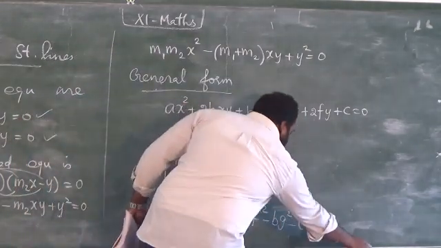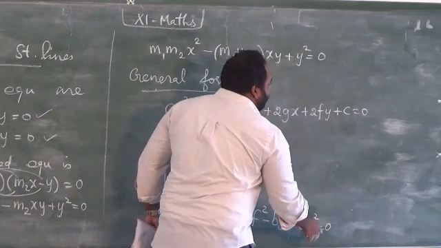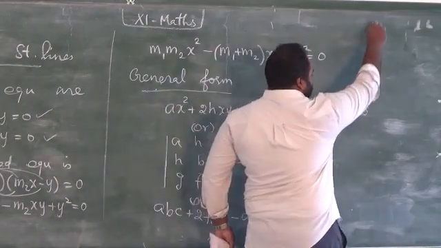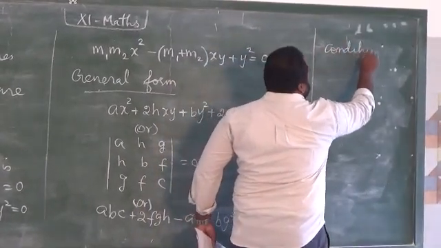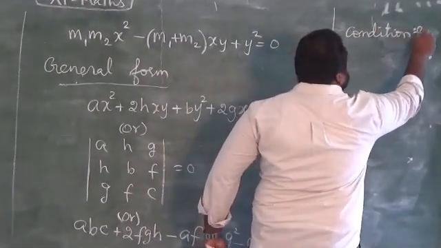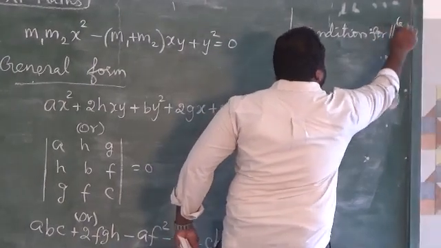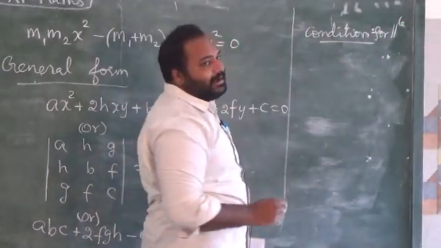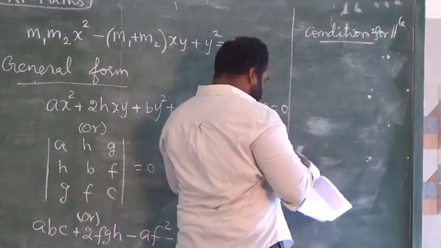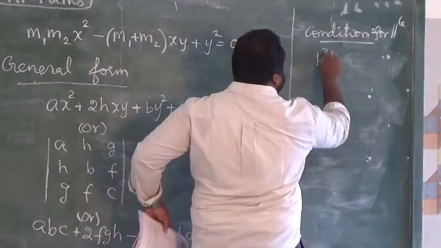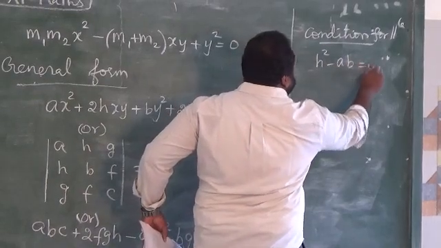Next, we are going to see the conditions for parallel lines and perpendicular lines. Condition for a pair of parallel lines is h square minus ab equal to 0.